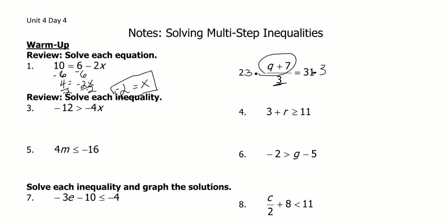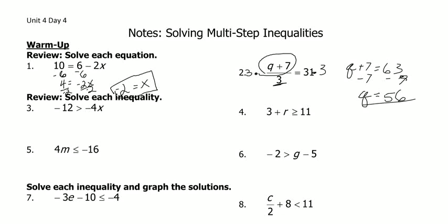And that's going to leave us with q plus 7 equals 63. And then we're going to subtract 7 from each side. And then that's going to leave us with q equals 56. And there it is.